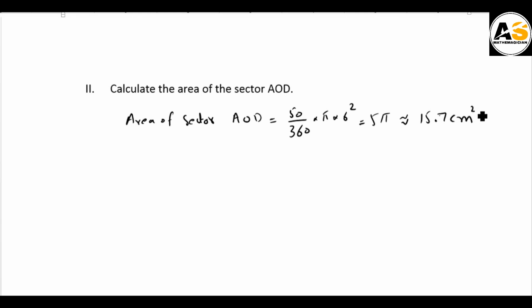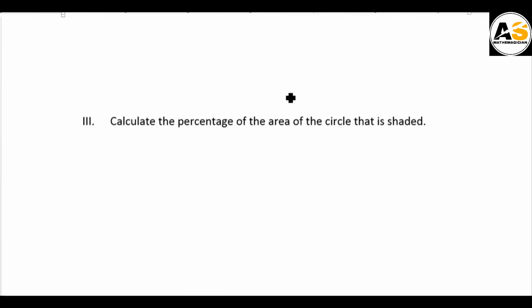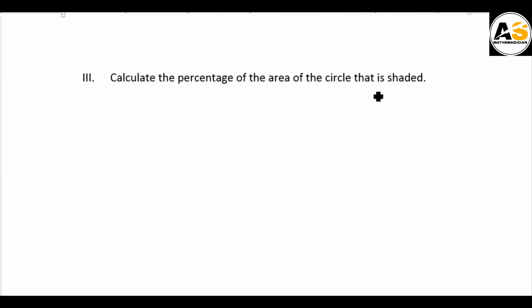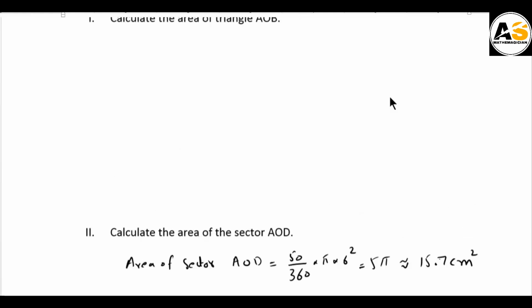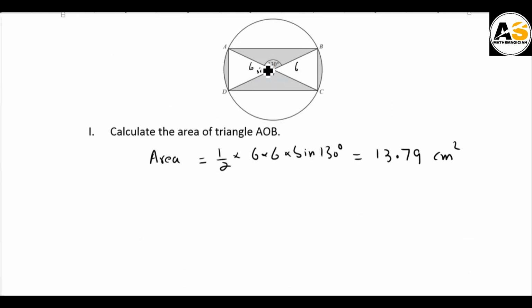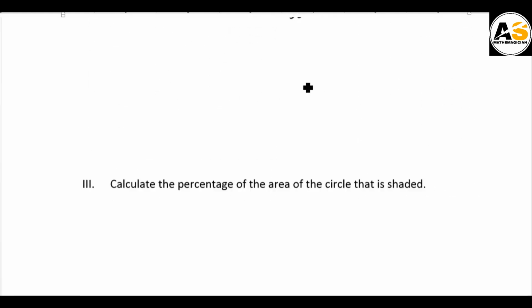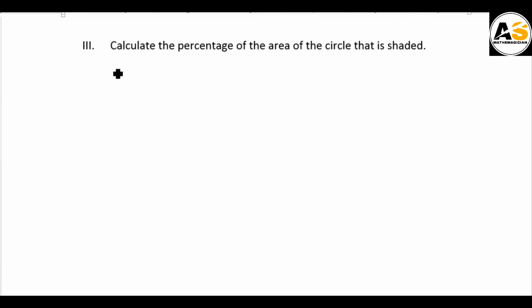I hope this is clear. In the third part, we have to find the percentage of area of circle that is shaded. Area of circle is quite obvious. What is the radius of the circle? So area of circle is equal to pi r square, 36 pi.